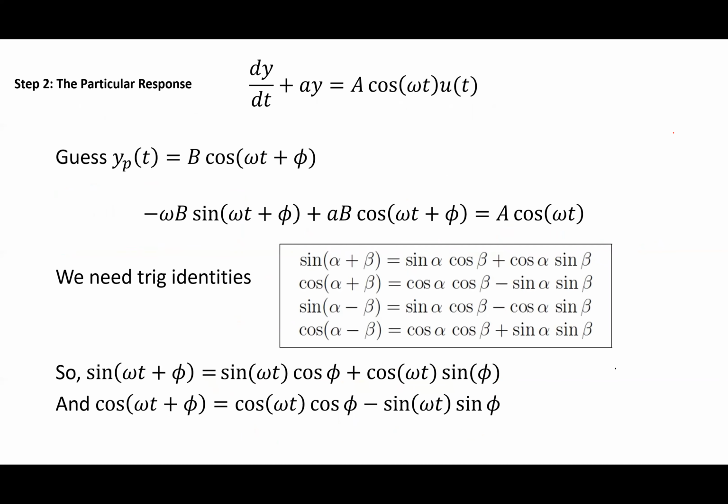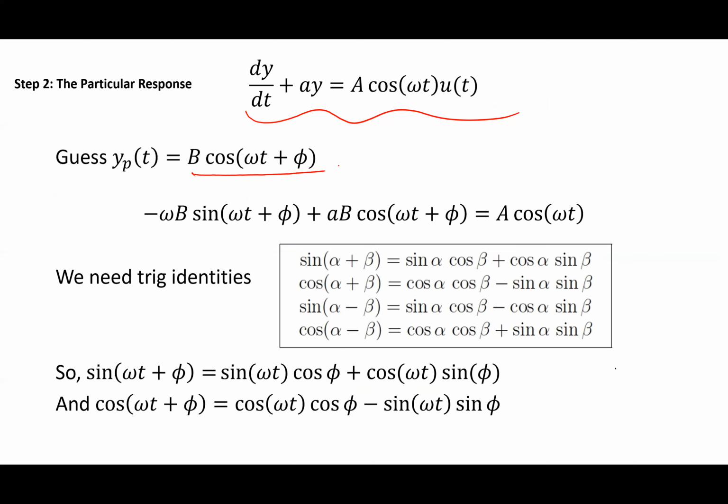Now the particular response. And I don't want you to know this per se, all right? I put this here. I'm never going to ask you to do this approach, but this is the way it's supposed to be done. If I have this equation, my guess is this guy right here, b cosine(omega t plus phi).